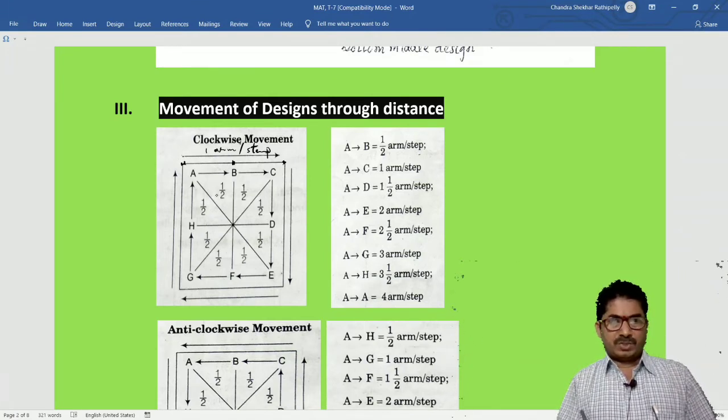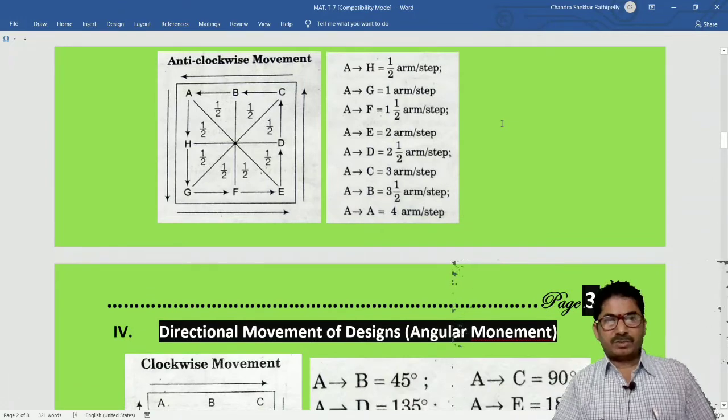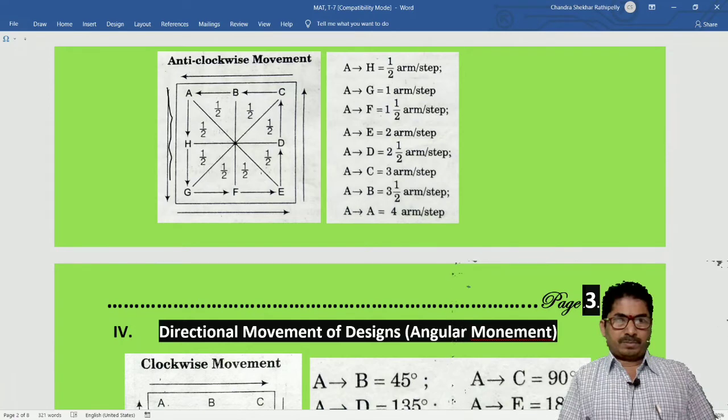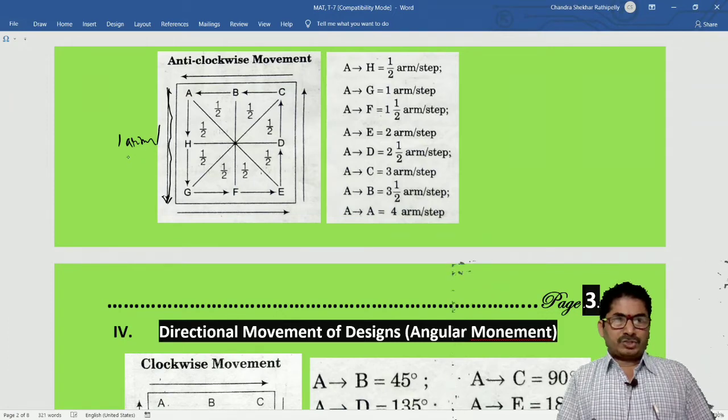So this is clockwise rotation or clockwise movement. Next, anti-clockwise movement. Anti-clockwise means ear to this side, ear to ear, one arm or one step.